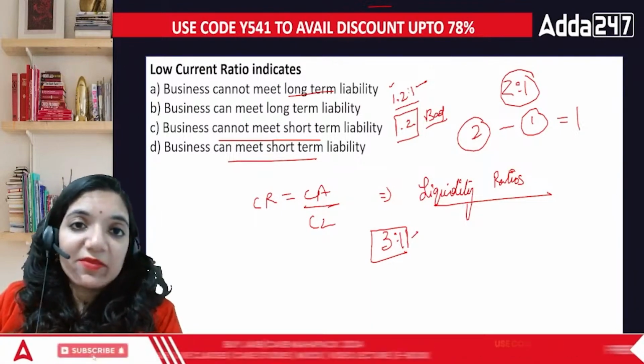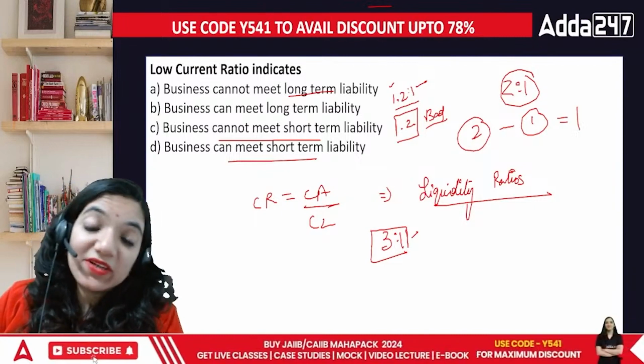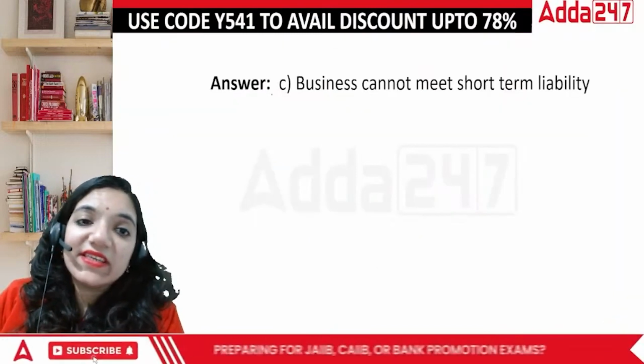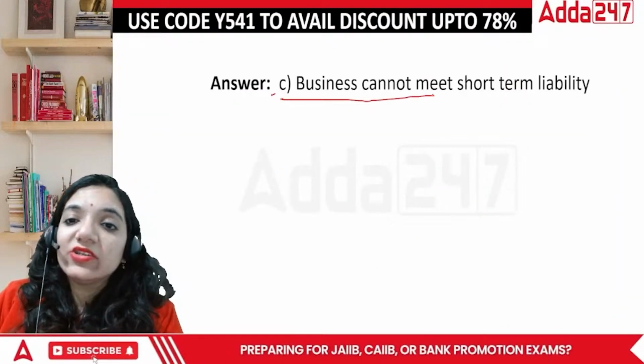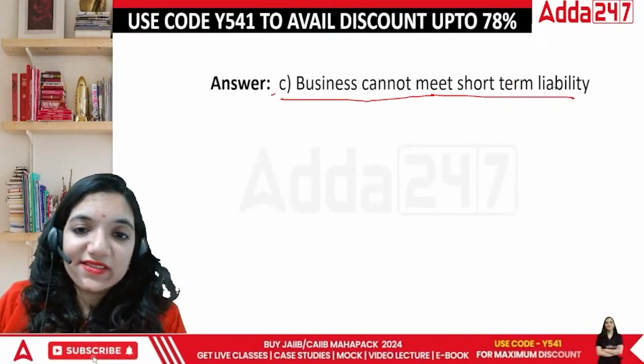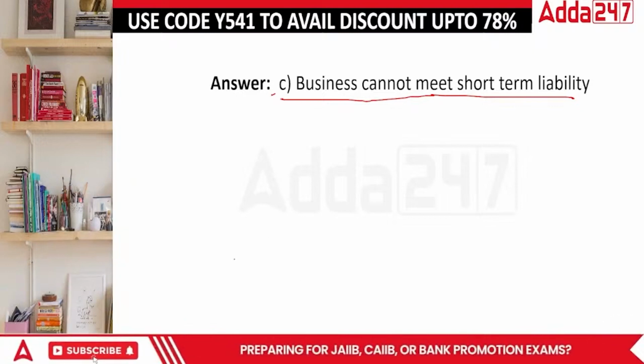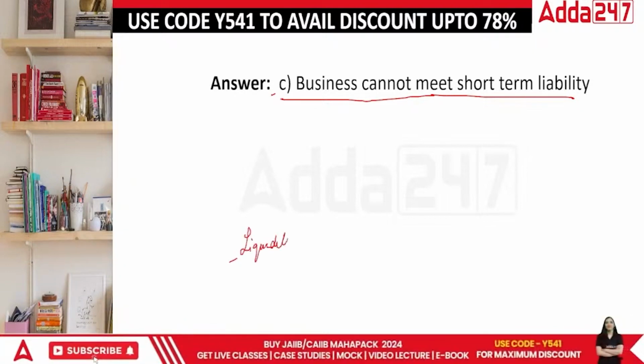The money doesn't really multiply in our wallets, but it multiplies outside. So in this case, can we say the business cannot meet short-term liability? In this case, liquidity is the point: if the organization needs money, they face liquidity crunches.